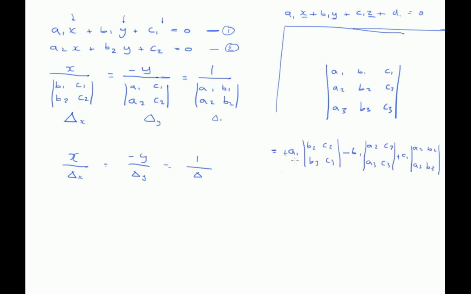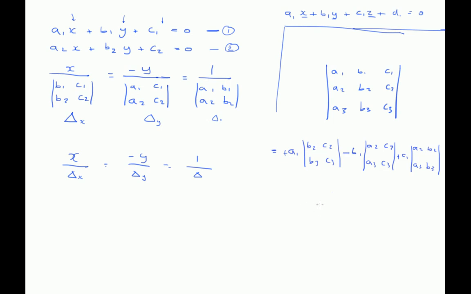So this third order determinant is evaluated using this method. And of course we know how to calculate these values, because we know how to calculate these second order determinants.